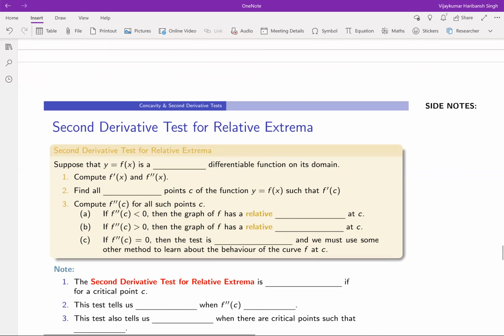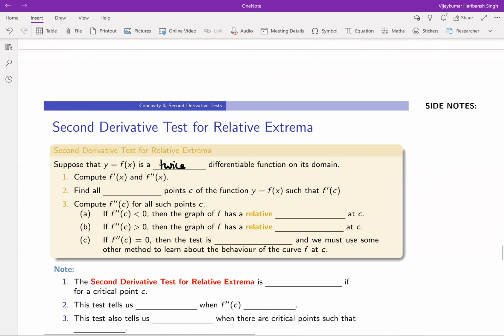Let's rewrite it. Suppose y equals f of x is a twice differentiable function. The reason for twice differentiable is that we are using the second derivative test, so this is only applicable where the function has a second derivative. First you compute f prime of x and f double prime of x.